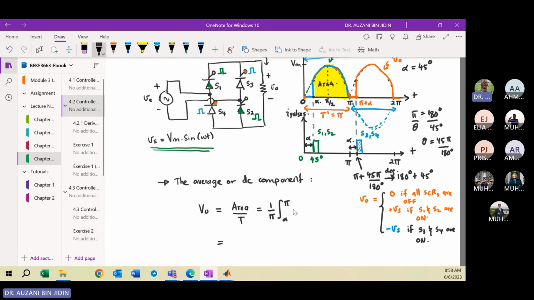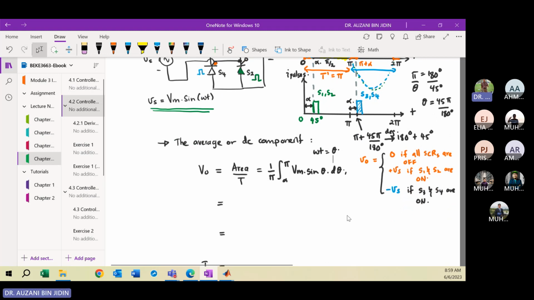Where Vs is Vm sine omega t, right? Or maybe we can write sine theta, because omega t is theta. Then you can solve for the integration here. You can put Vm outside, Vm divided by pi. By integrating the sine function, actually you get what?